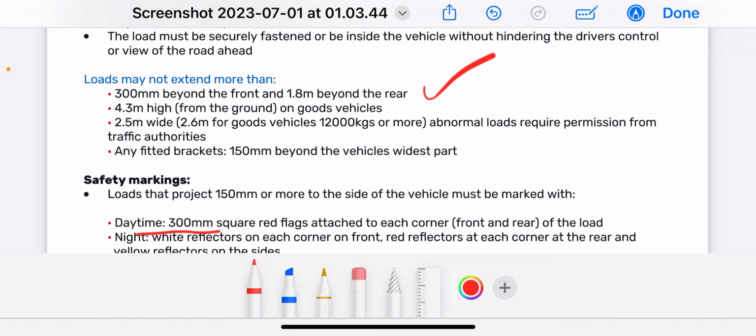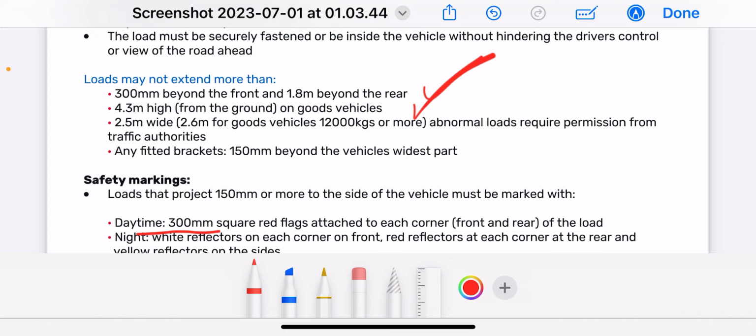Okay. And then 4.3 meters high from the ground on goods vehicles, 2.5 meters wide, 2.6 meters wide for goods vehicles of 12,000 kgs or more.